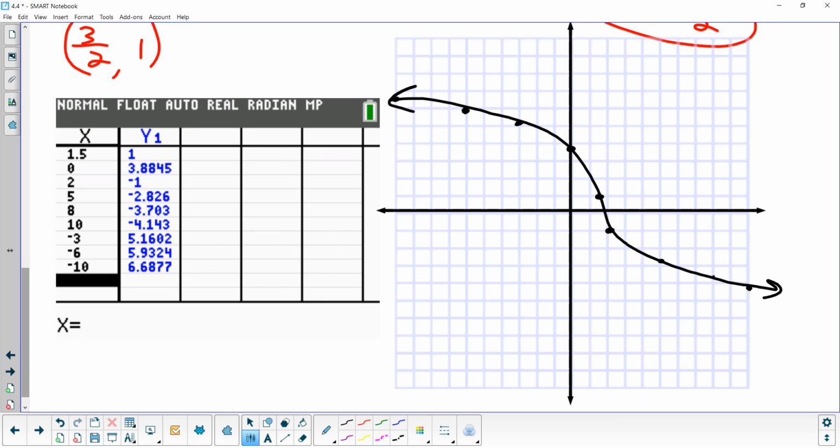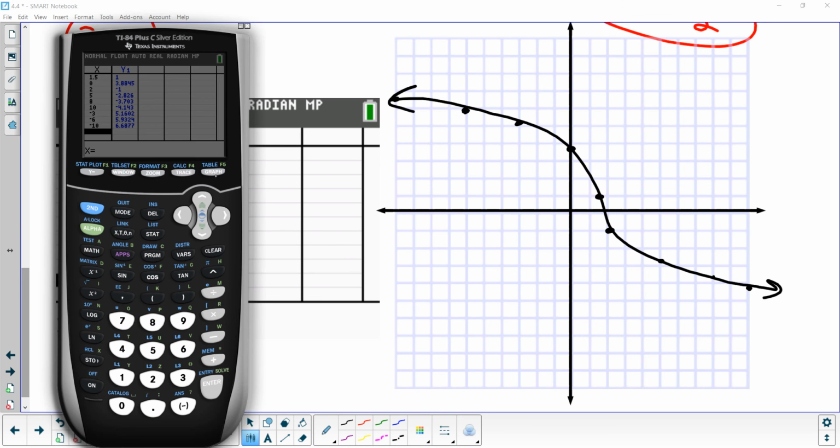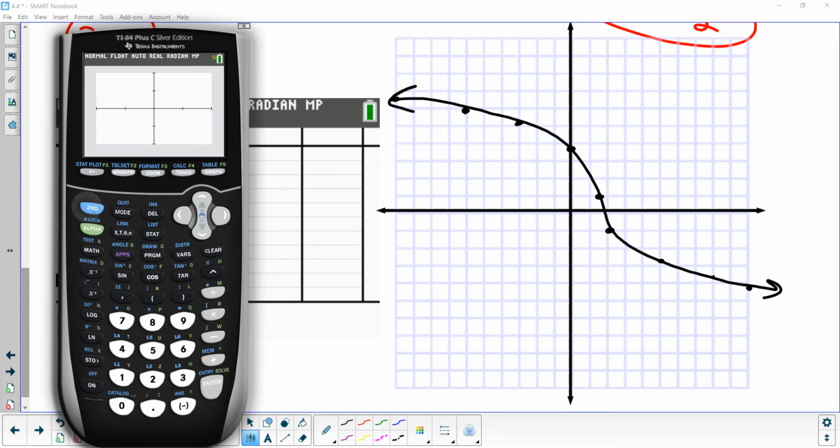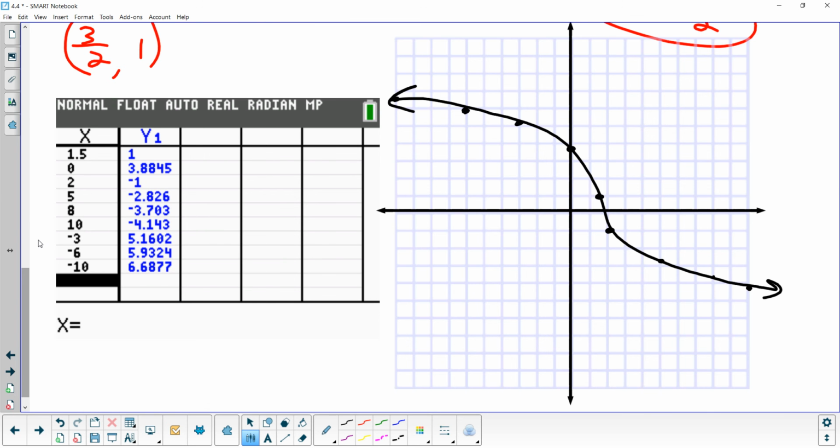It will continue to go up and down forever. And if you hit graph, it should have a pretty good sketch. Little gap there because it gets kind of steep. Those shouldn't be disconnected. But that's pretty much what we have. Okay. Questions on that?